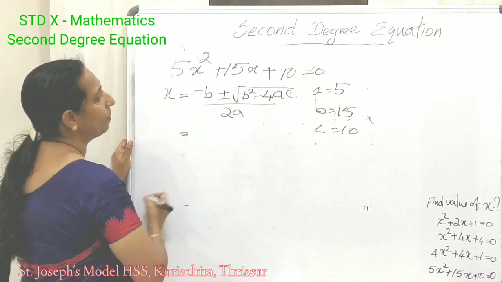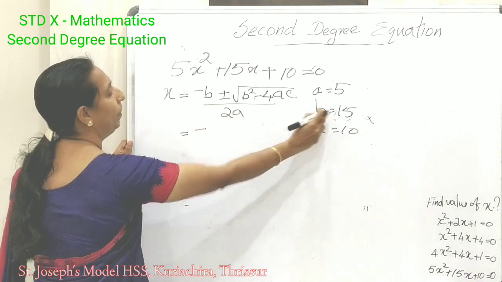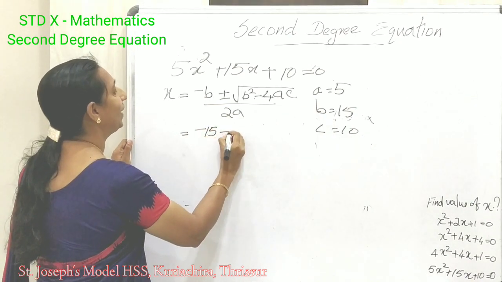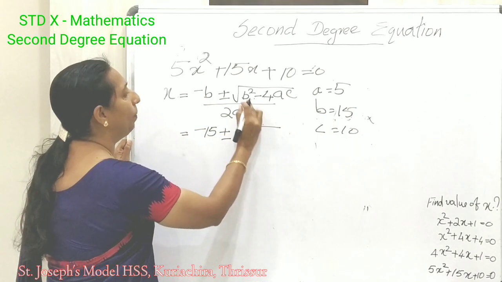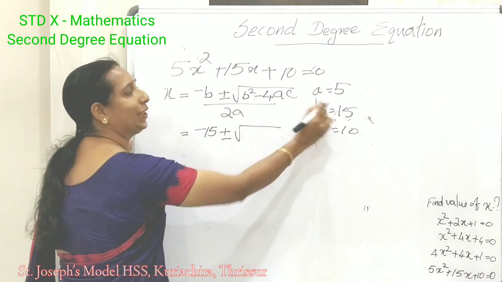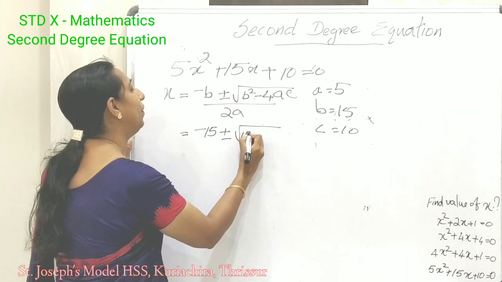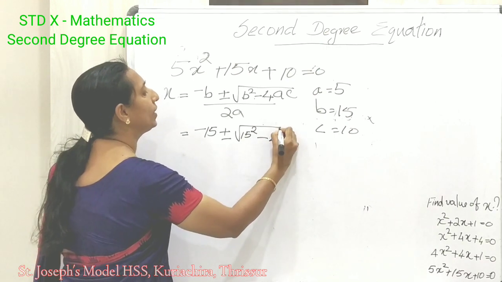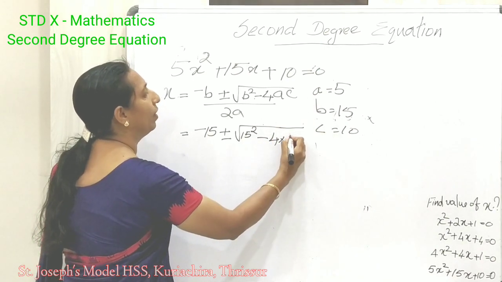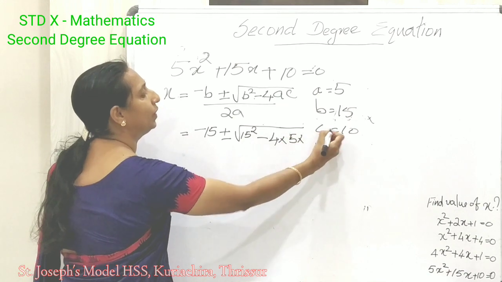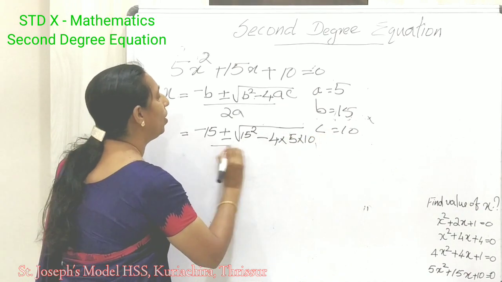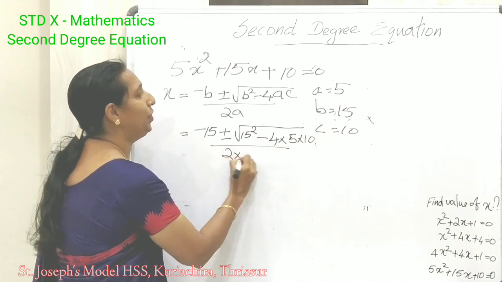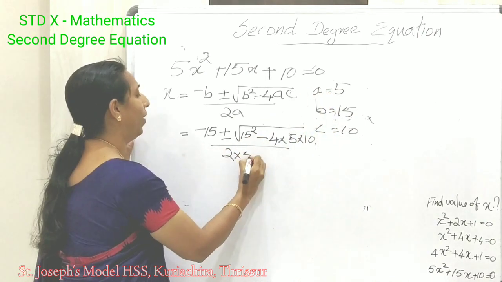That is equal to minus b, which is 15, plus or minus root of b square. B is equal to 15 and b square is equal to 15 square, minus 4 into, what's the value for a? 5 into, what's the value for c? 10. All divided by 2 into, what's the value for a? 5.